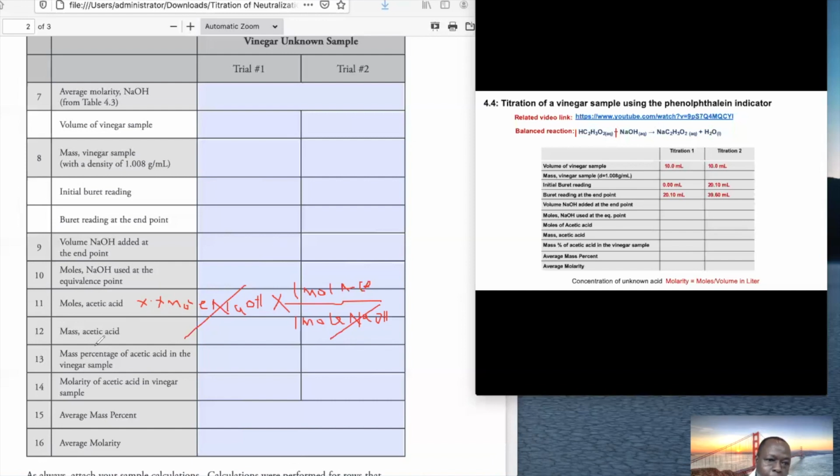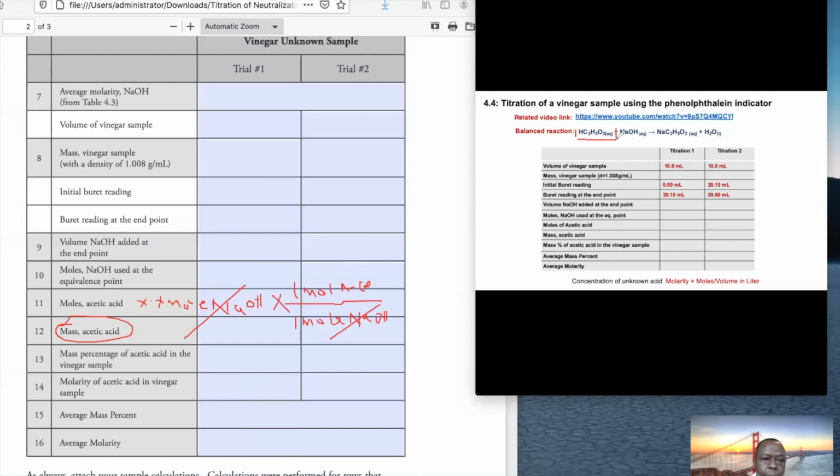Now, to get the mass of line 12 here, line 12 refers to the mass of acetic acid, which is this now. Not vinegar.